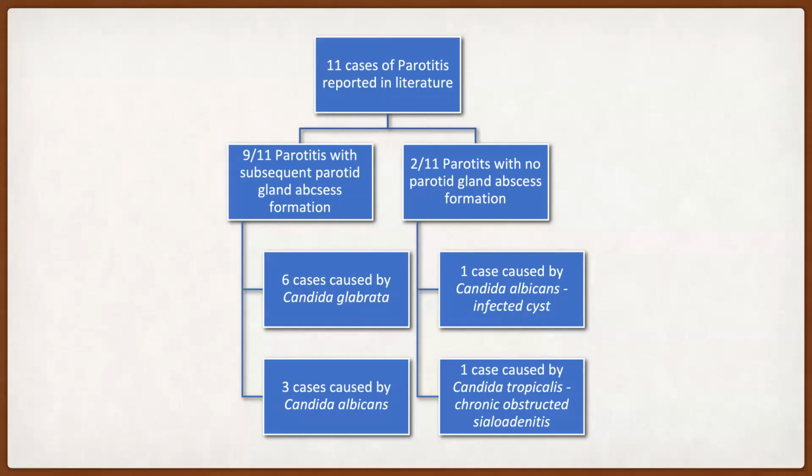Of the aforementioned case reports, only 9 presented or were complicated with a parotid gland abscess. And of the 9 cases identified with parotid gland abscess formation, 6 were due to Candida glabrata, and 3 were due to Candida albicans.